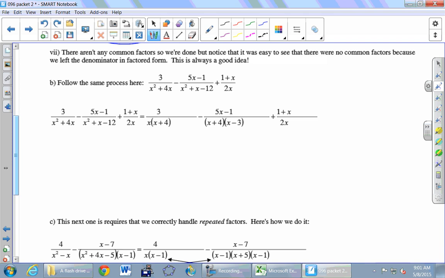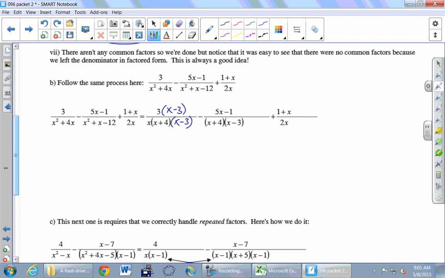Let's just look at the first two fractions. I see an x and an x plus 4. In the second fraction, x plus 4, x minus 3. What is the first fraction missing from that second fraction? X minus 3, so we put it down there, and therefore we also put it up there in parentheses now. In fact, I'm going to put everything in parentheses now. So go ahead and add that to top and bottom.